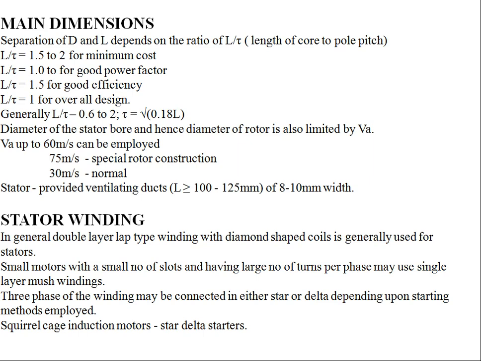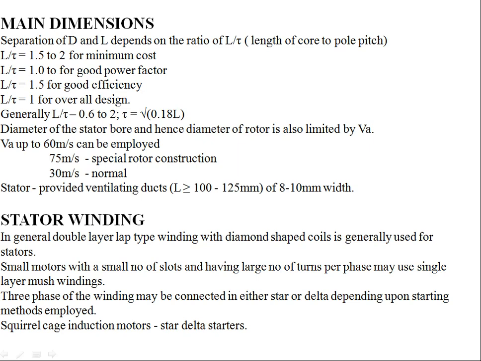For good efficiency, 1.5. For an overall good design, we can go for 1. And the L by tau for good power factor is 1 to 1.25. So it's not just 1, it is 1 to 1.25. Small correction here.